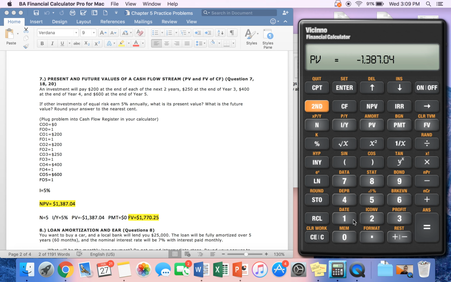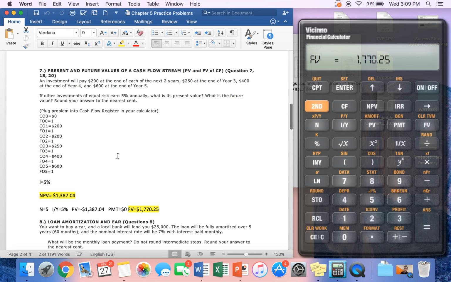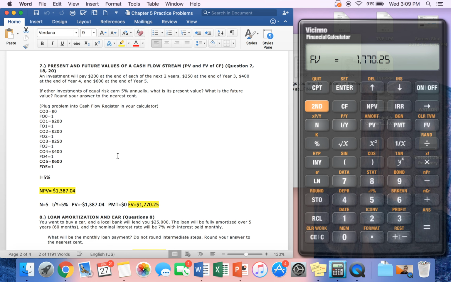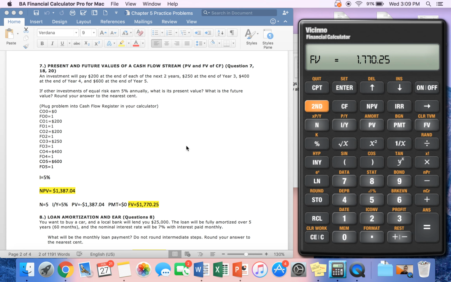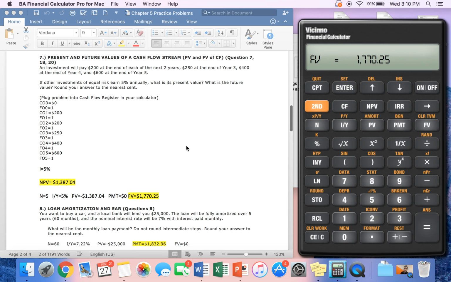Remember, that's negative to us. 0 payment, and then you're going to compute for your future value, and that gives you a value of 1,700 roughly. Okay, so those present and future values of a cash flow stream are a two-part question to solve them. You have to find the present value before you can find the future value.